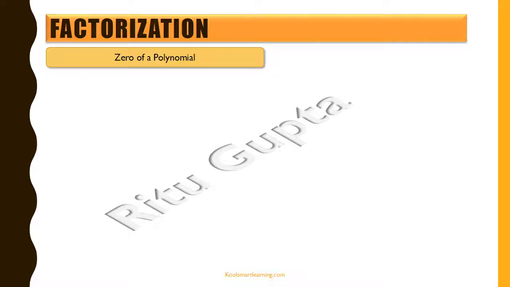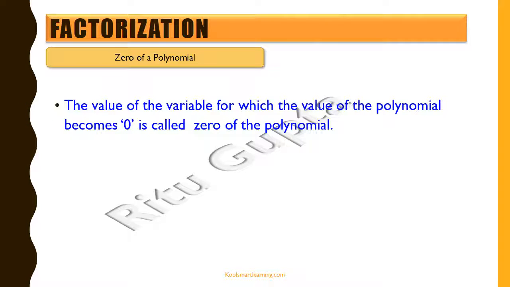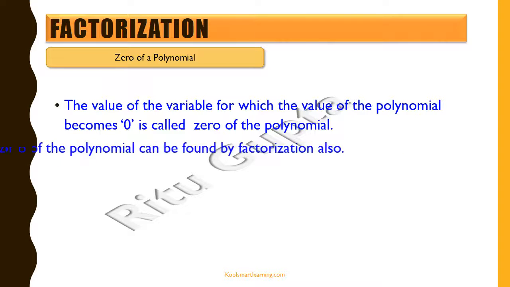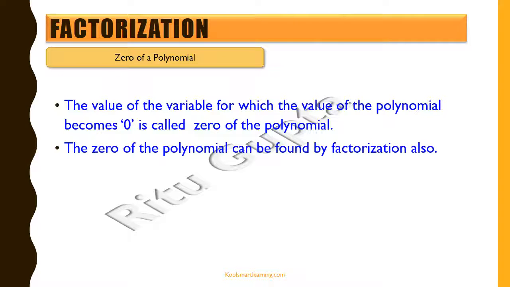Now let's try to understand what is the zero of a polynomial. The value of the variable for which the value of the polynomial becomes 0 is called the zero of the polynomial. Why are we talking about the zero of the polynomial in factorization? Because we can find the zero of the polynomial using the factorization method.